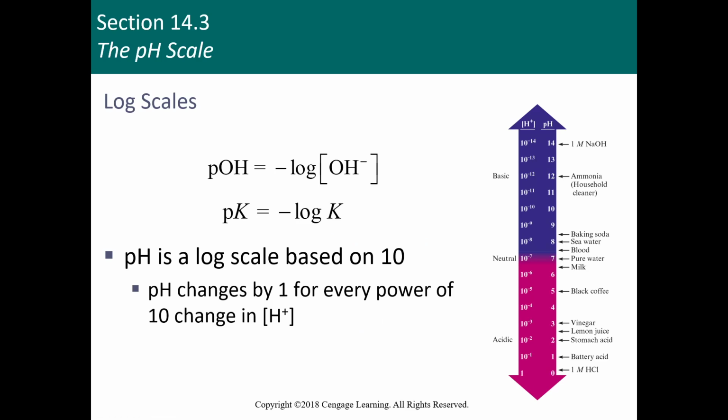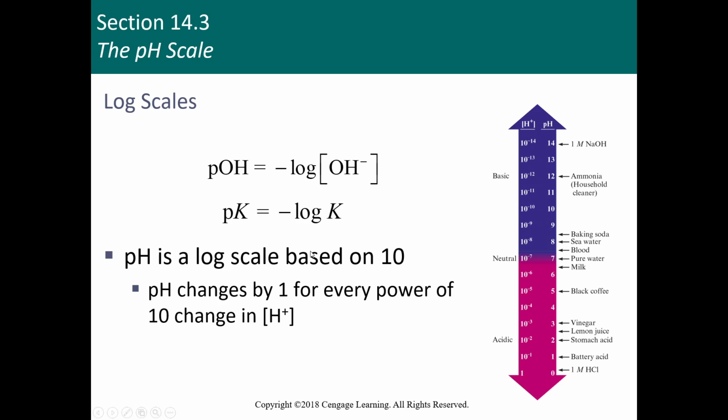Right here, these are your different log scales and our acidity versus basicity scale. And so, we of course have pH, right? And that p actually always means the same thing anytime you see it. So that small p actually means negative log of whatever else is listed.